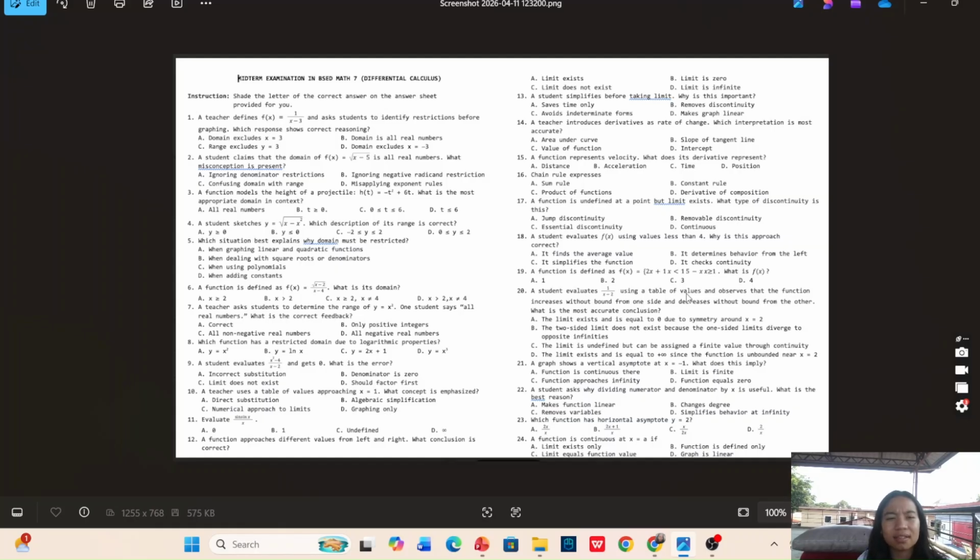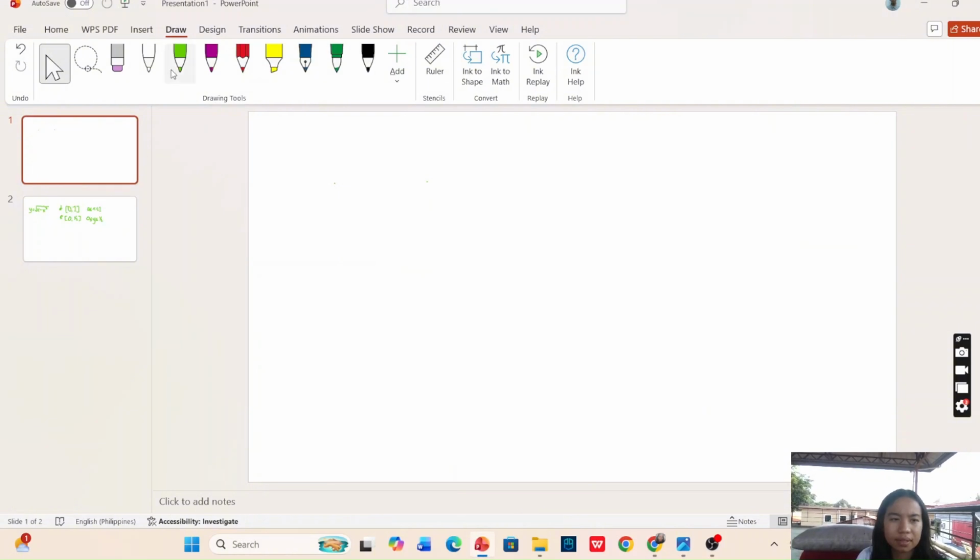So in this case, this is a rational function. So we are going to use the denominator as the basis to get the domain. Let us extract the denominator by equating it to 0. x equals 3.